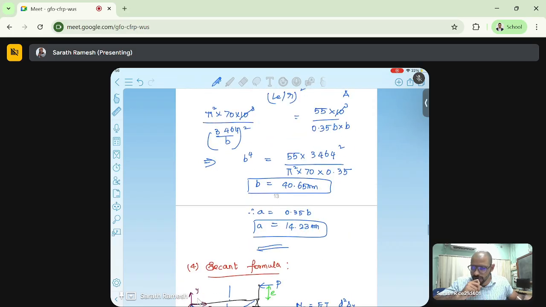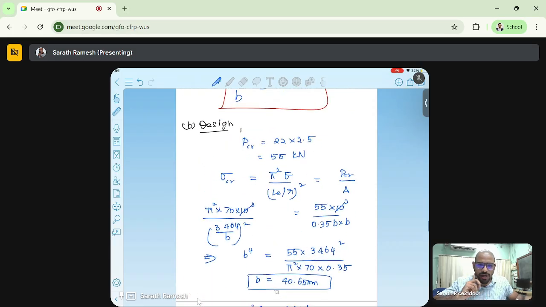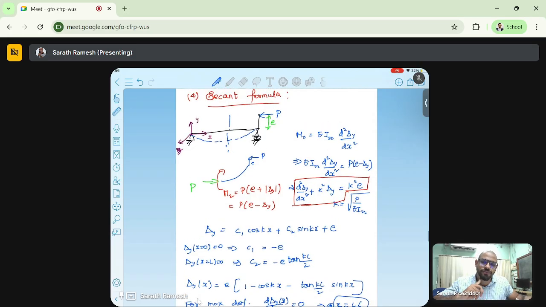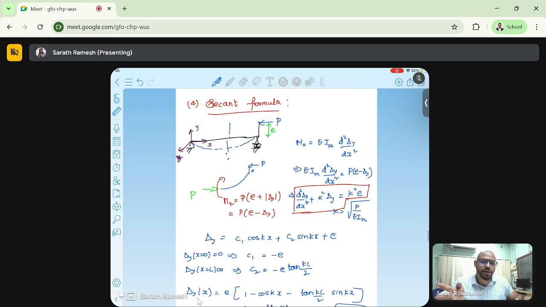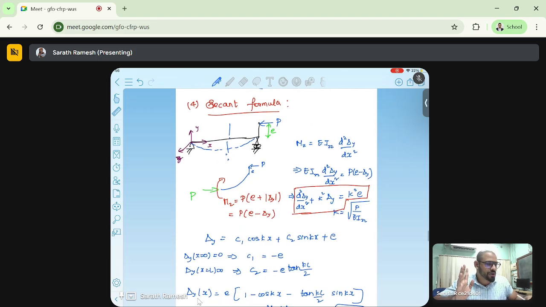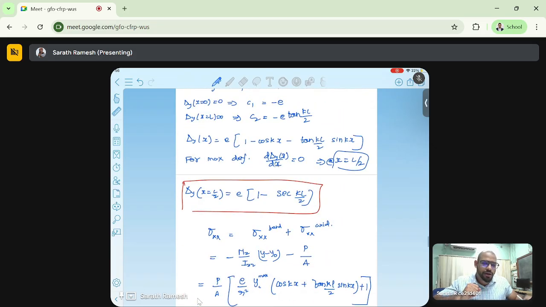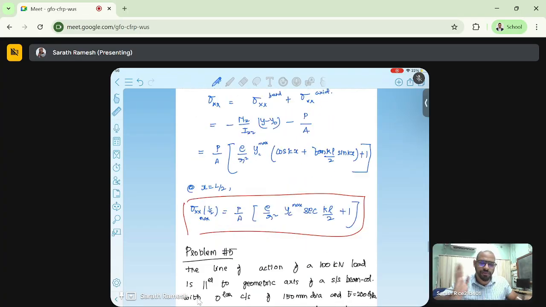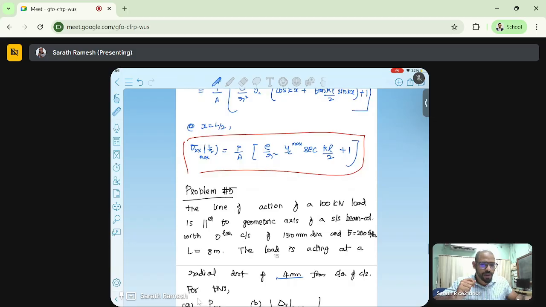And also we saw how to design the most efficient section. And finally, we saw what happens if we have eccentricity in the column. When the load is not acting at the center, if it acts at some radial distance e away from the center of the cross section, we saw how to find the maximum deflections and the stresses and the bending moment, right?